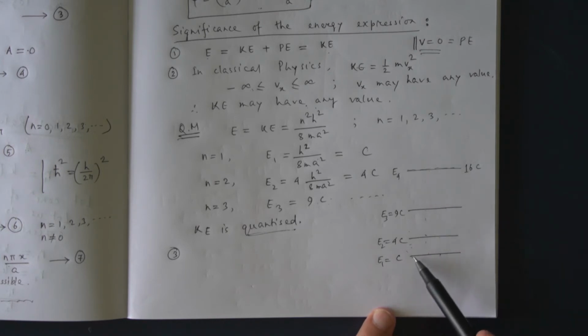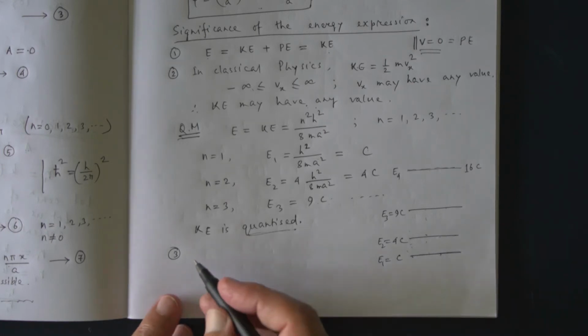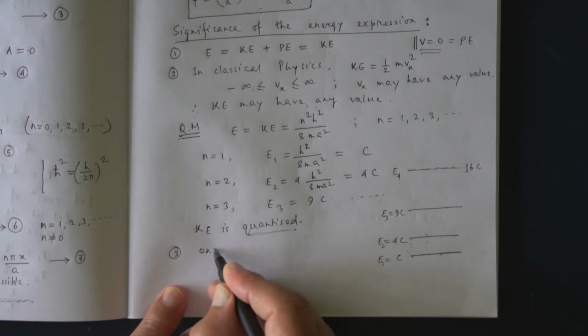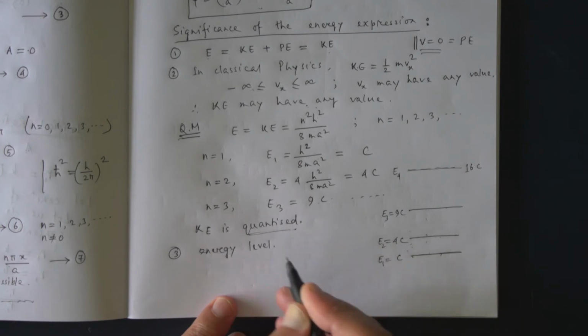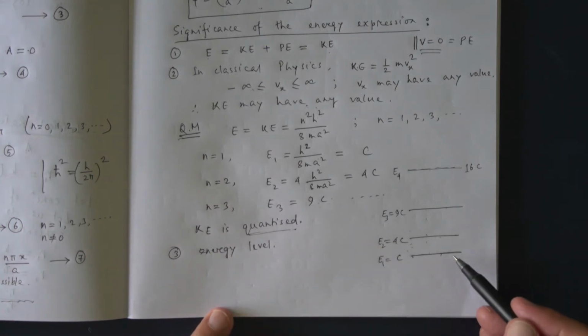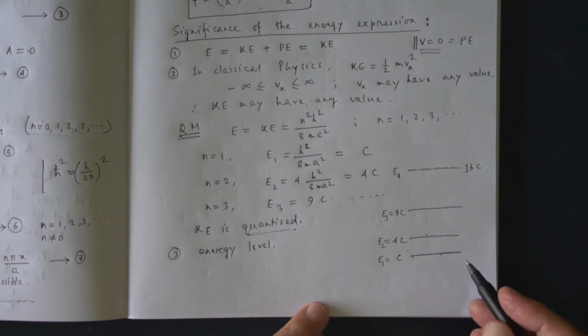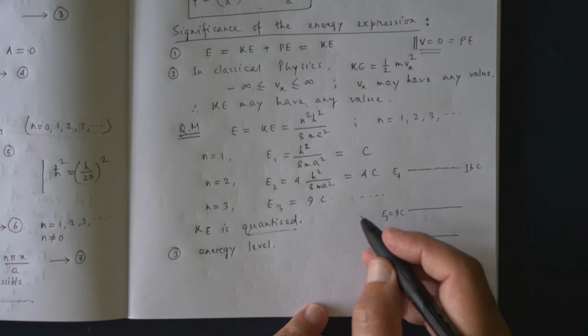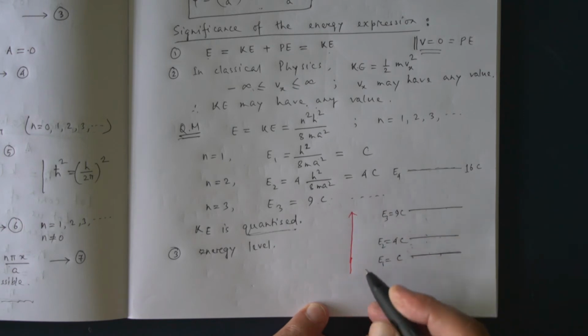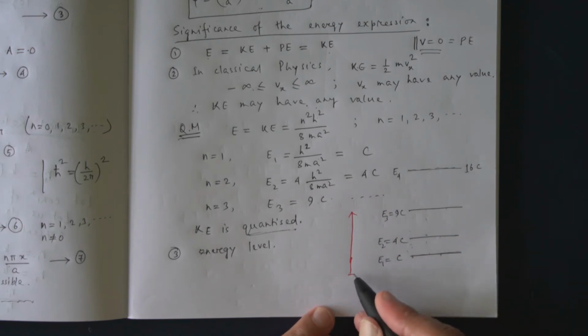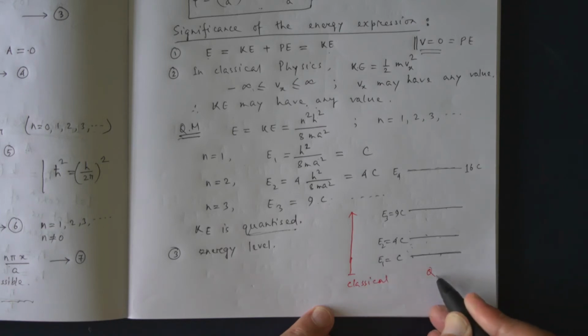So there are some energy levels. This is one energy level, this is one energy level. Okay, these are the energy levels. Now classically, if you look at the classical picture, it is like this. Say energy is increasing. This is the classical picture, and this is the quantum mechanical picture.